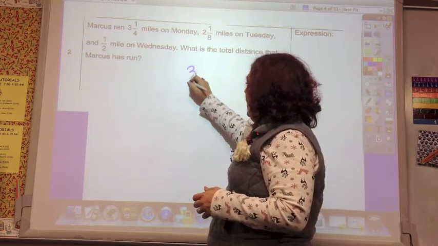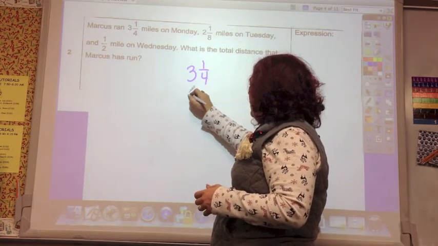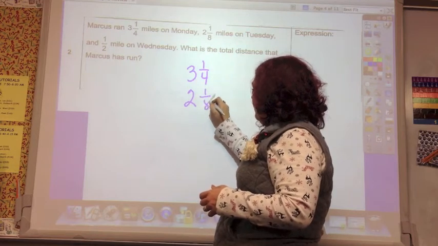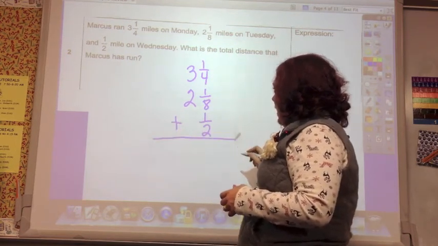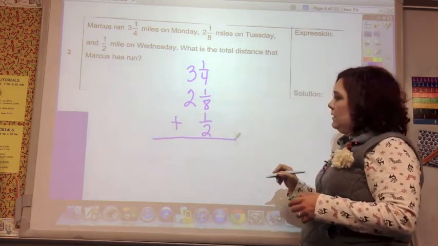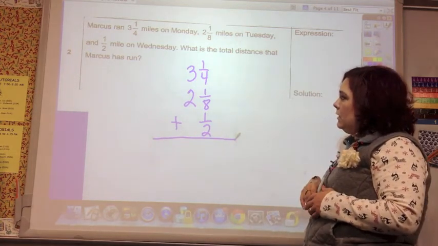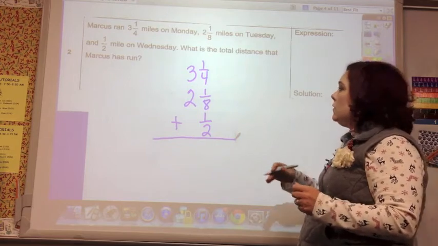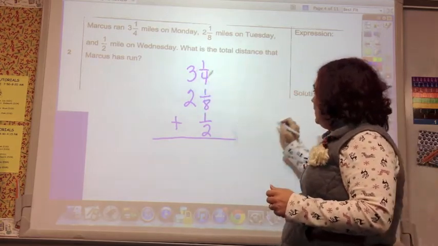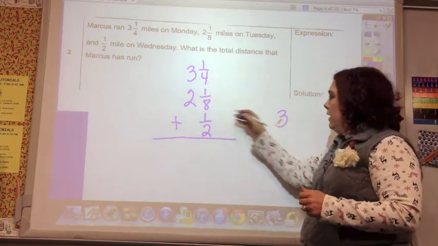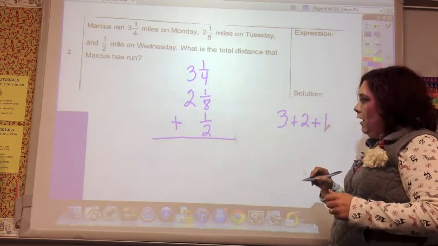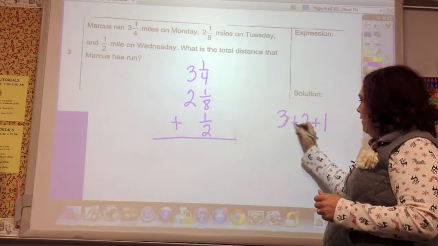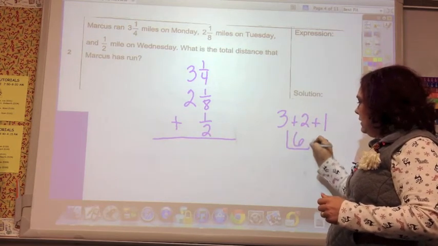So if I go ahead and stack my numbers up, I'm adding those, and I need a total distance. Let's estimate first. So 3 1/4 would go to 3, 2 1/8 would go to 2, and 1/2 would go to 1. And so that's a total of 6. So 6 is my estimate.